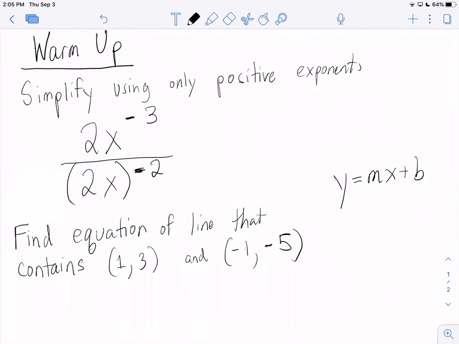So the steps are, you find the slope, and then that's going to be some number. And then plug in any point. Plug in either the first point or the second point. And then 3 is solve for b. So I didn't go over this last time.